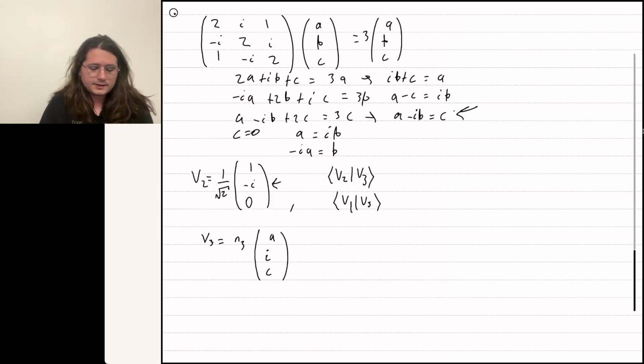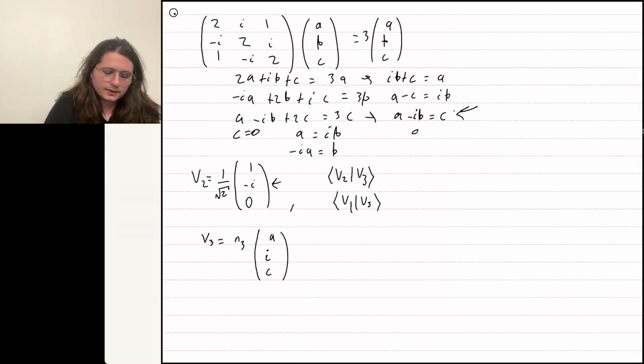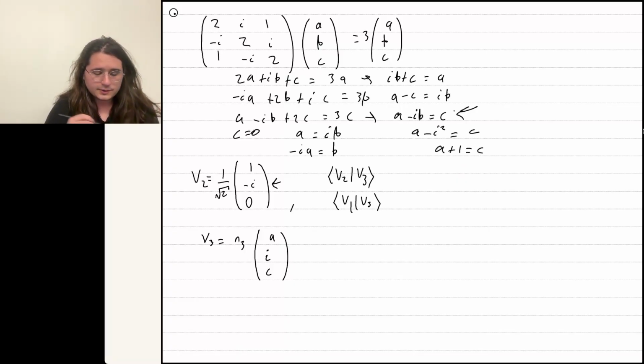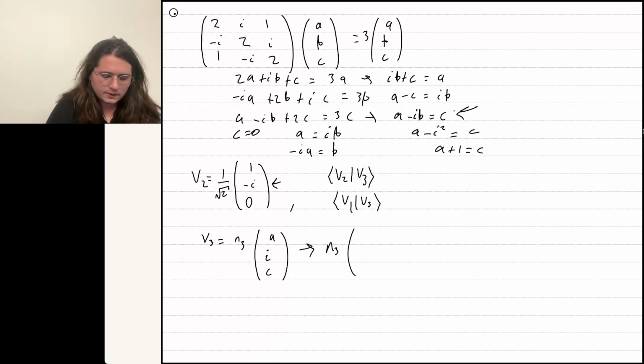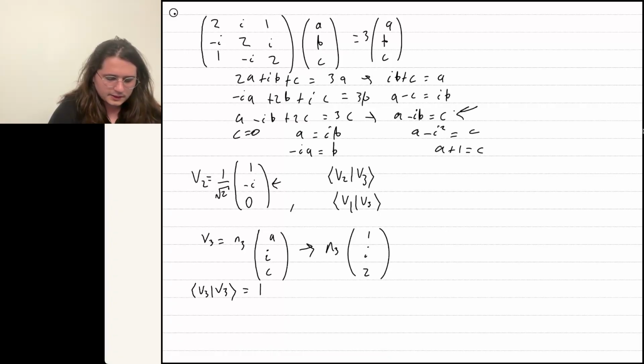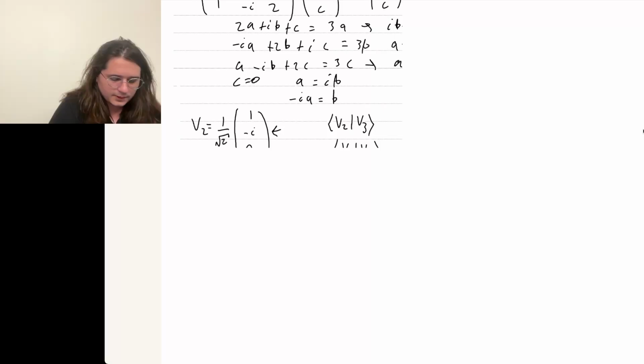So with that in mind, a is equal to minus i squared equals c, and so a plus 1 equals c, so yeah, c equals a plus 1. So if we set a to 1, you'll find that this is N3 times 1, i, 2. And then the normalization for that, we'll just go ahead and do it by taking the inner product of it with itself and set it equal to 1.